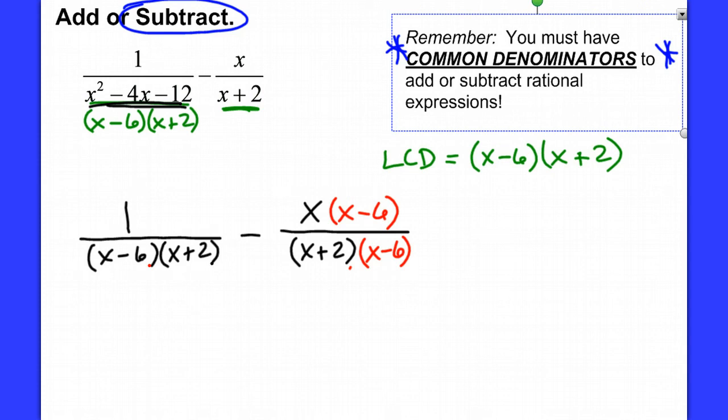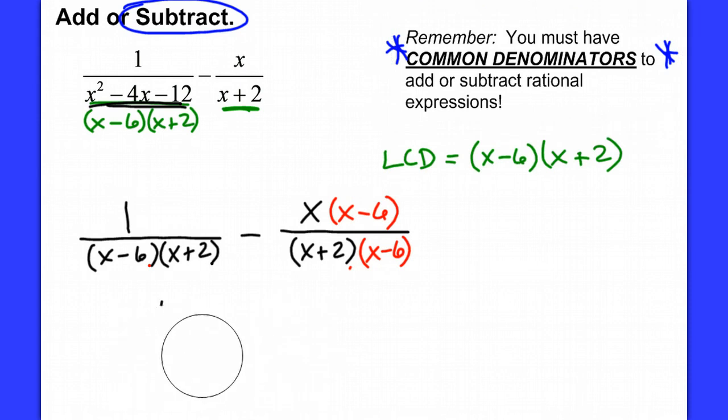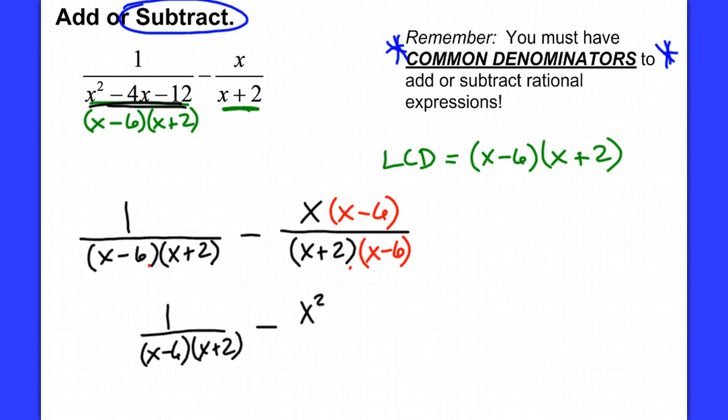That's going to leave us with 1, which comes from the first one. Let's see if I can write this a little straighter. 1, which comes from the first one, over x minus 6, x plus 2, minus what we get when we have x squared minus 6x. And we'll talk about what's going to happen with this in a moment.